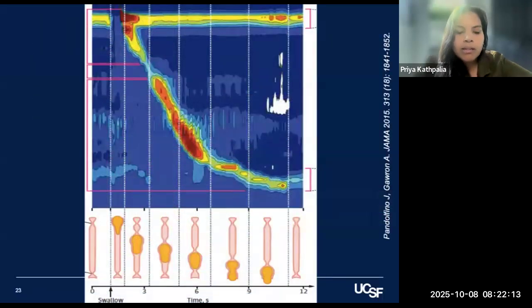So this, again, is a figure showing high resolution manometry. X-axis indicates time, Y-axis indicates location from oropharynx to the stomach. And below you can see a schematic representation of esophageal motor activity during a swallow.